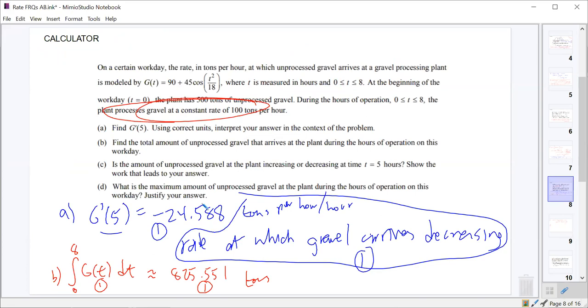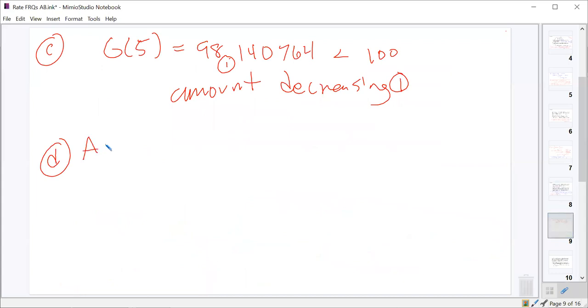All right, part D, we want to know the maximum amount of unprocessed gravel. This is very similar to the last one. We need to write an equation to represent the amount of gravel. The total amount should equal the initial amount, 500, plus the amount that was brought in from 0 to t, the integral of G of x, minus the amount that goes away, the integral from 0 to t of 100 dx. You could have put the 100 in the same integral, or just said minus 100t after the integral.